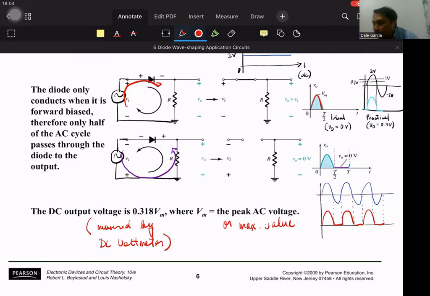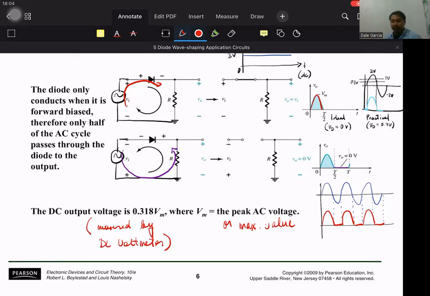So for example, we have a 5 volts AC signal. Let's say we have a 5 volts AC signal. Multiply it by 0.318. 5 times 0.318 is 1.59.